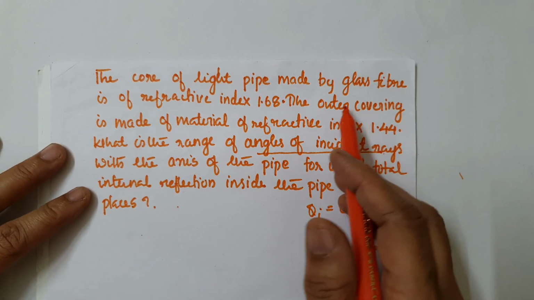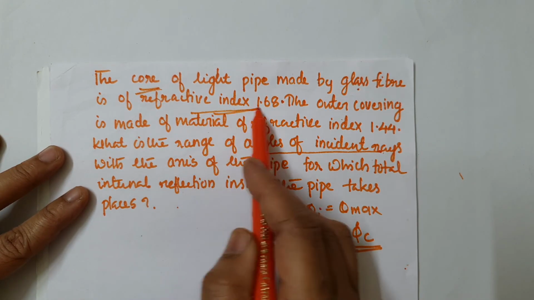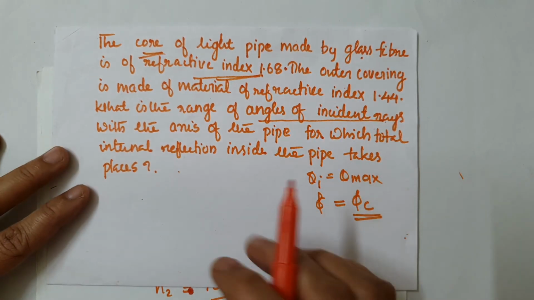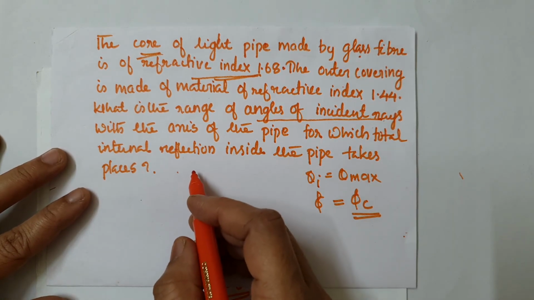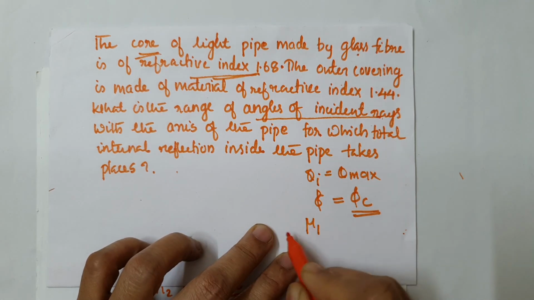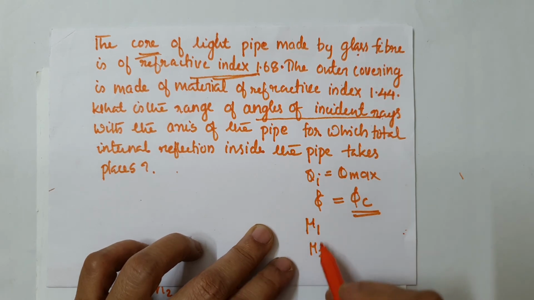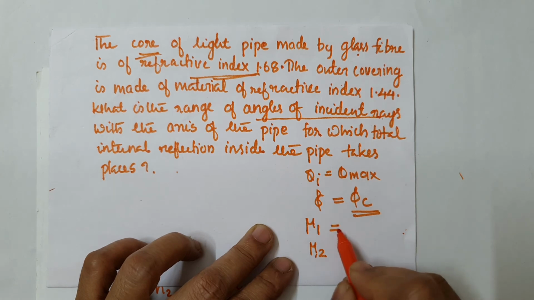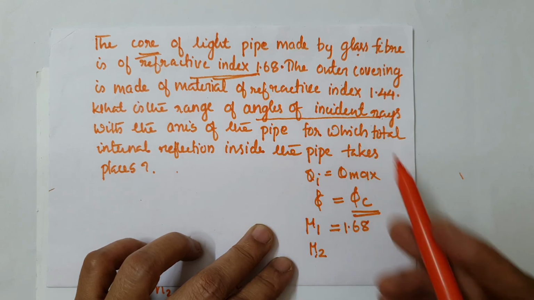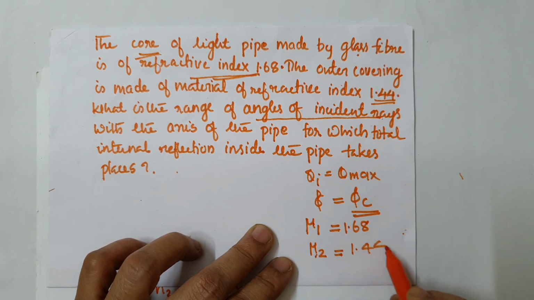Here the data given is the core refractive index. Here I am using the designation mu1 and mu2 instead of n1 and n2. The core refractive index is taken as mu1 and the cladding refractive index is taken as mu2. Here mu1 is given as 1.68 and mu2 is given as 1.44.